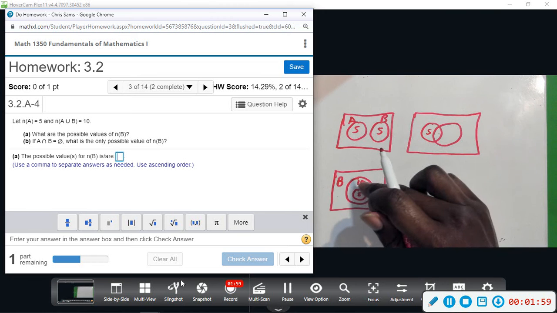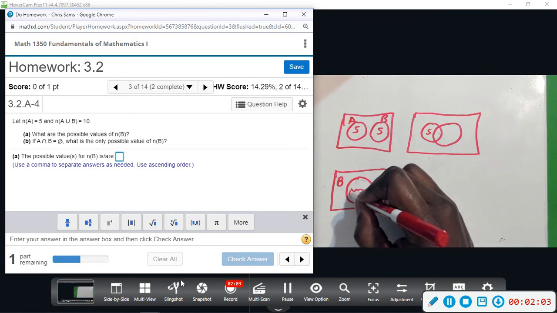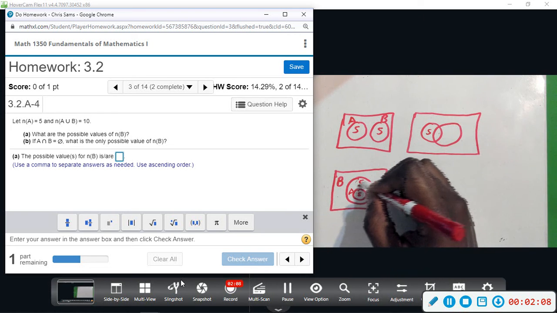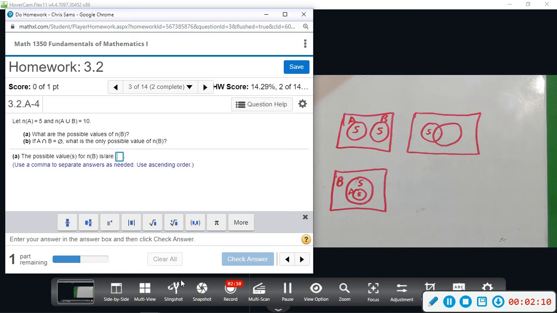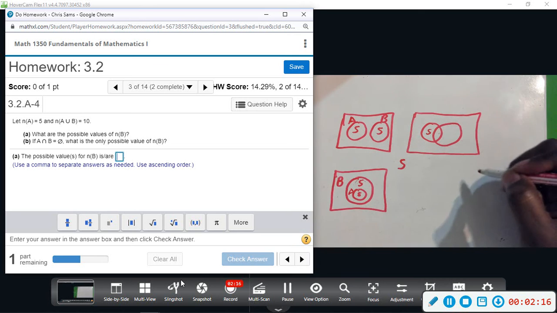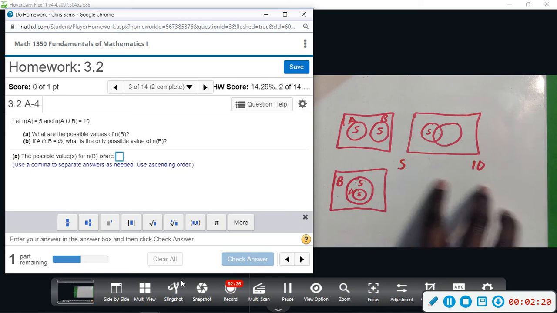So another way we could represent this is that B has 10, but 5 of them are in this A circle, and then B has 5 additional elements that A doesn't have. So it is possible for B to be equal to 5. And the biggest B could be is 10, and then it should be anywhere in between.